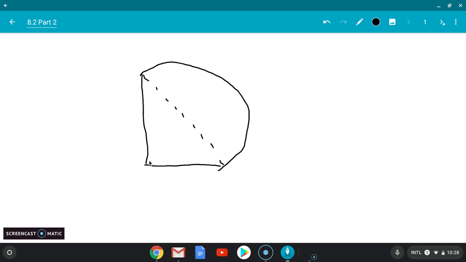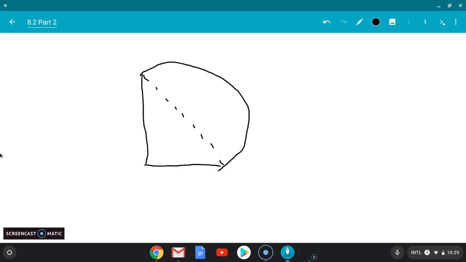This dashed line is showing sort of where the line would be if this was just a triangle. And then we have our half circle, our semicircle part. Okay, so we need to find the perimeter, which would be a measure of all of the way around these sides, right?